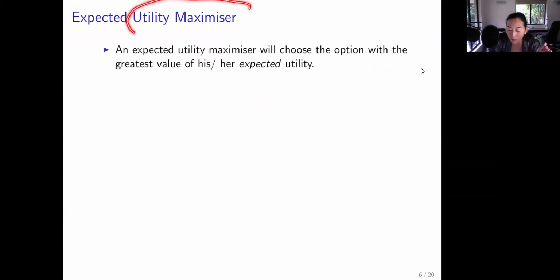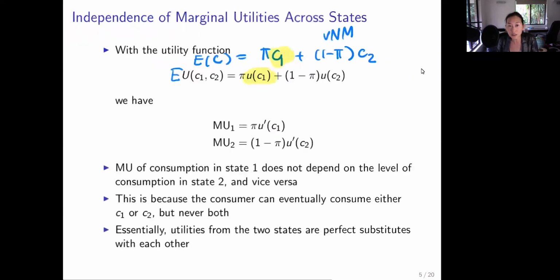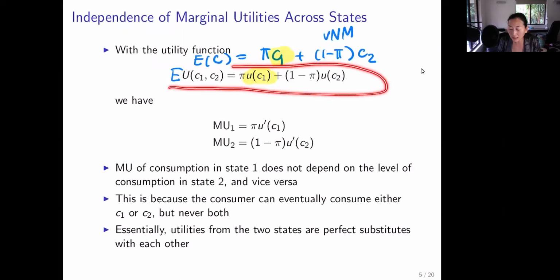You only maximize utility if you have certainty. If it's not certain, there is a possibility that you might end up with state 1 or state 2. You're actually going to maximize the expected utility instead, because you don't know what you're going to get. Either you're going to get C1 or you're going to get C2. What do you do? You just maximize that expected utility, which is to maximize this function instead.